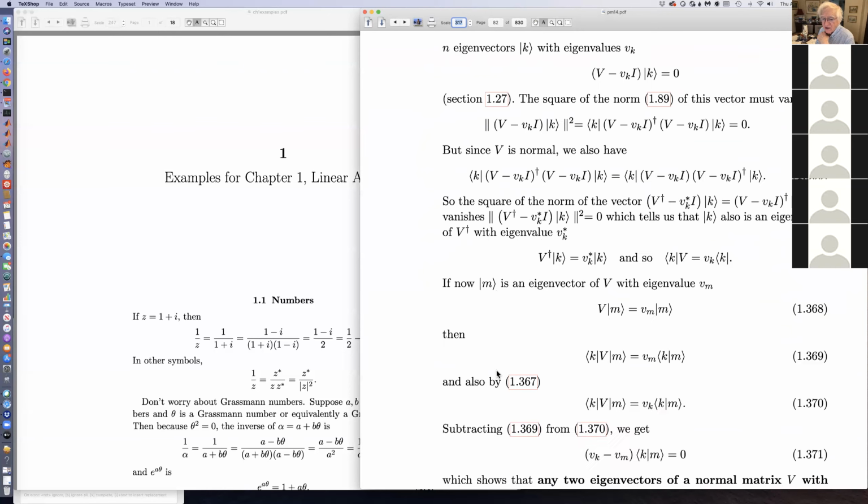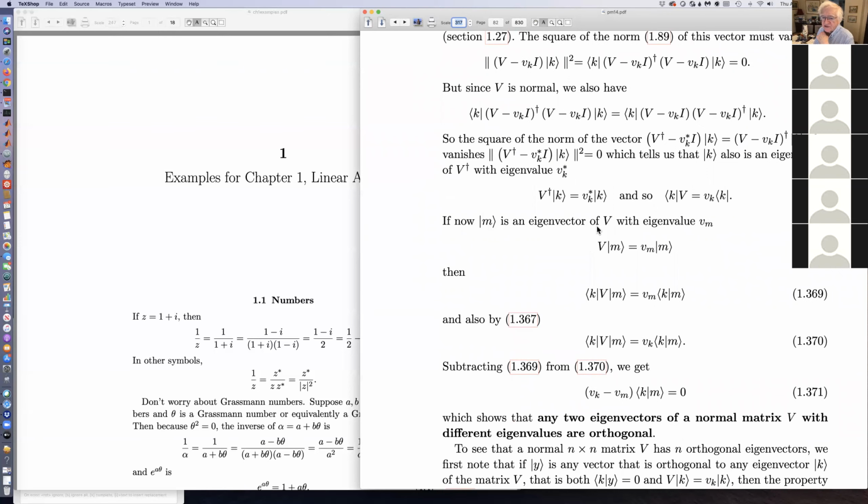And now, if m is an eigenvector of V with eigenvalue v_m, then from the left with k, we get this expression. On the other hand, using this formula, multiplying from the right with m, we get this expression here, and subtracting, we have that.